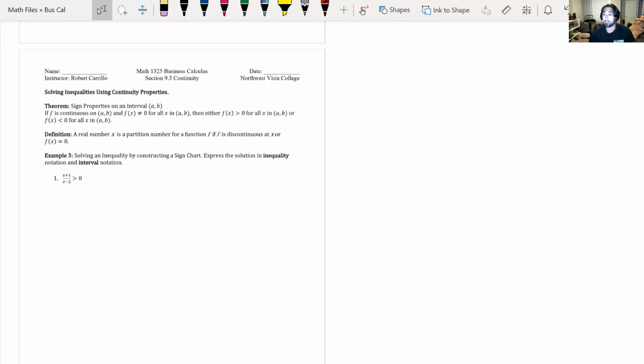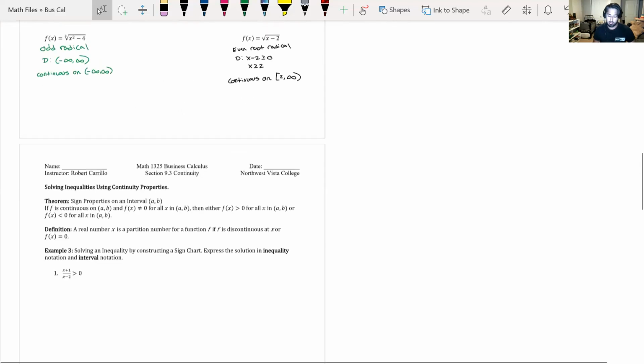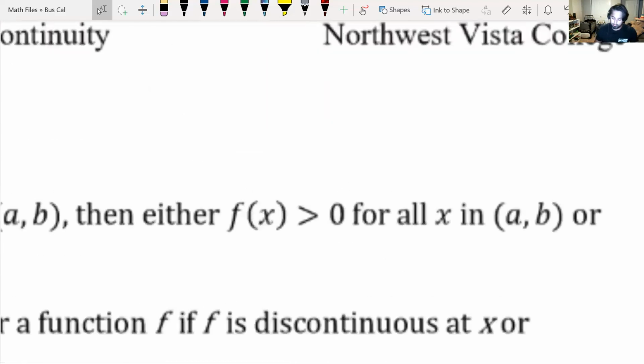All right, English. We will create a sign chart that will tell us where the y values are above the x-axis and where the y values are below the x-axis. That's all that theorem says. That sounded a lot simpler, right? Too bad I didn't write the book.